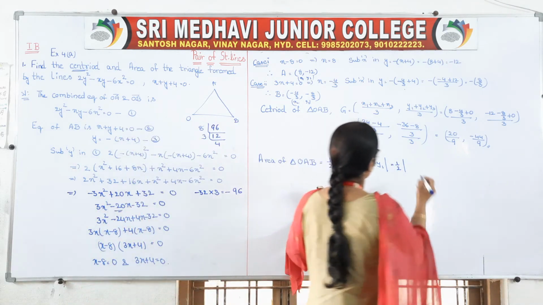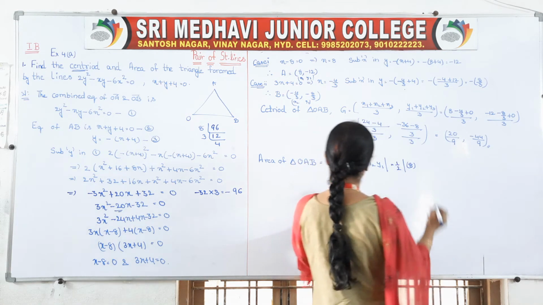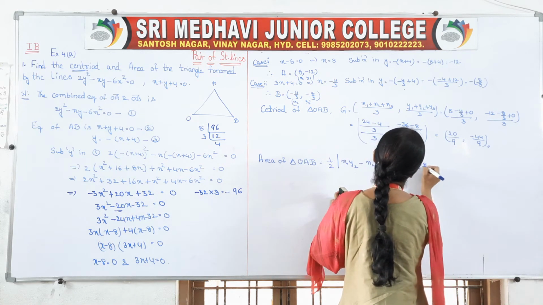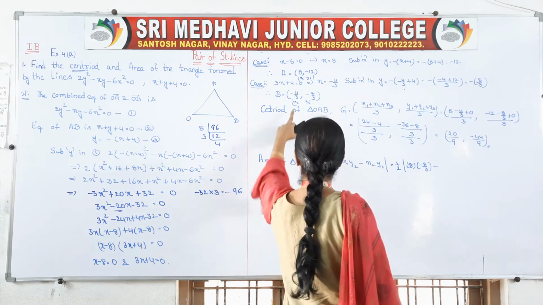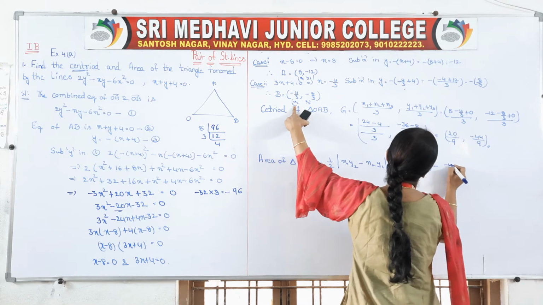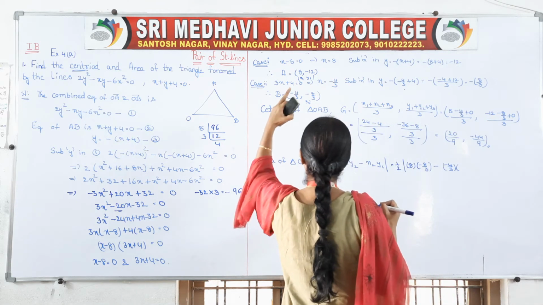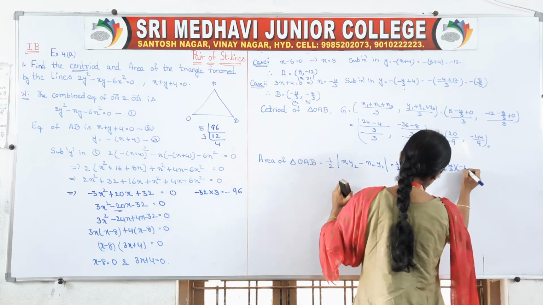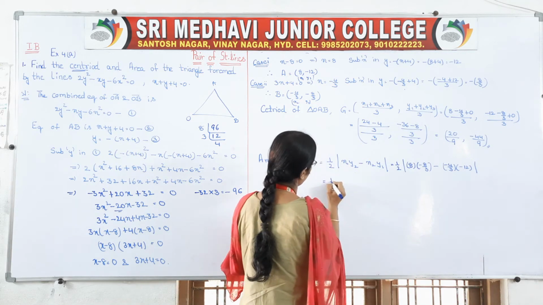So x1 is 8, and y2, what is y2? Minus 8 by 3 minus x2, what is your x2? Minus 4 by 3, into y1, what is y1? Minus 12. This is your area of the triangle.